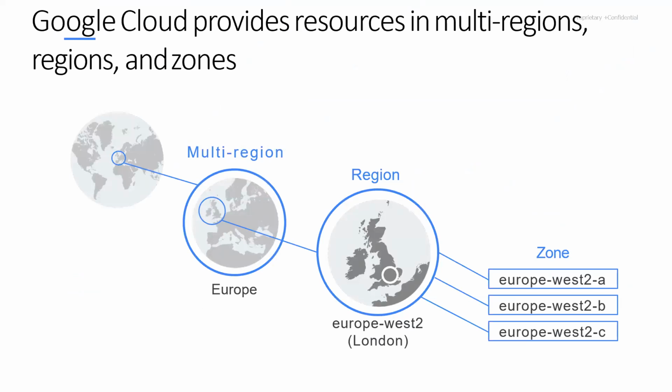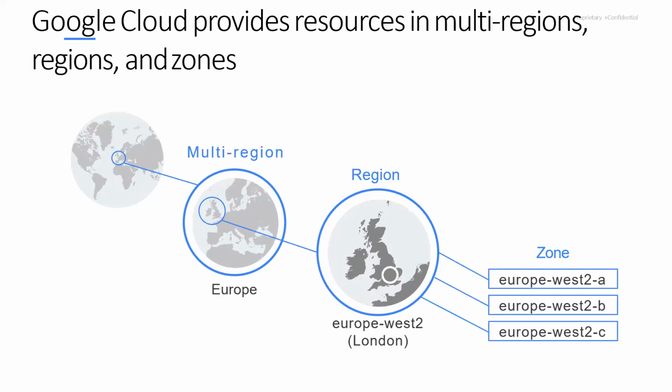What the Google people did is they have divided the entire world into 3 regions: America, Europe, and Asia Pacific. These regions are called multi-regions. These multi-regions are again further divided into regions. So when you talk about Europe, you have a London region. And within the London region, again, you have the zones.